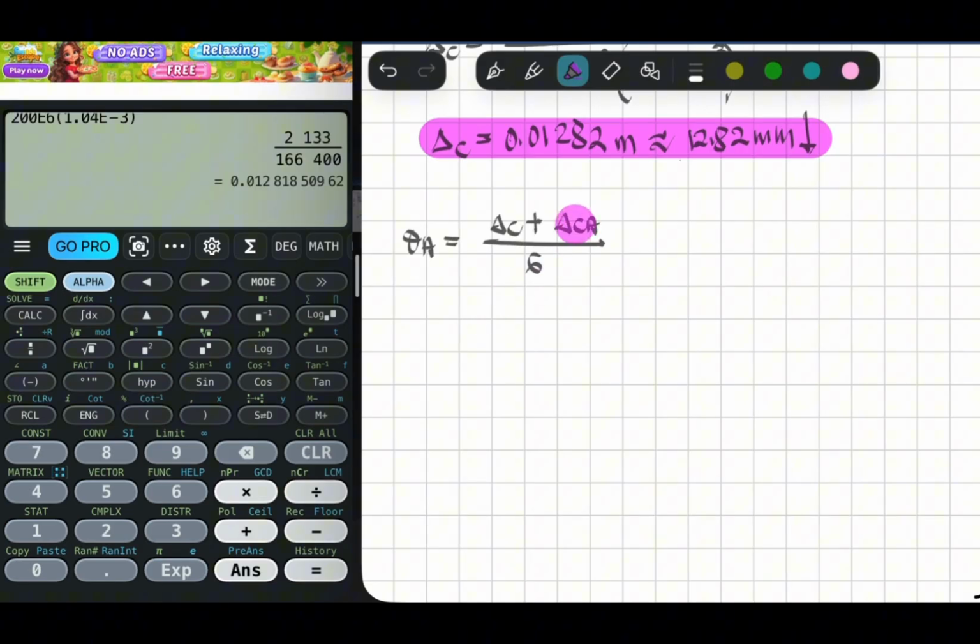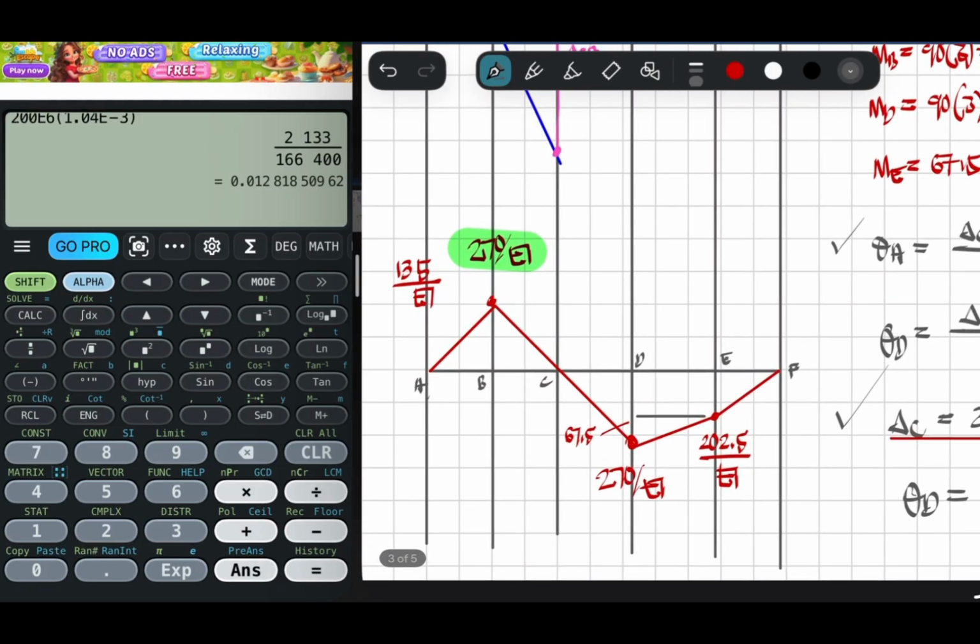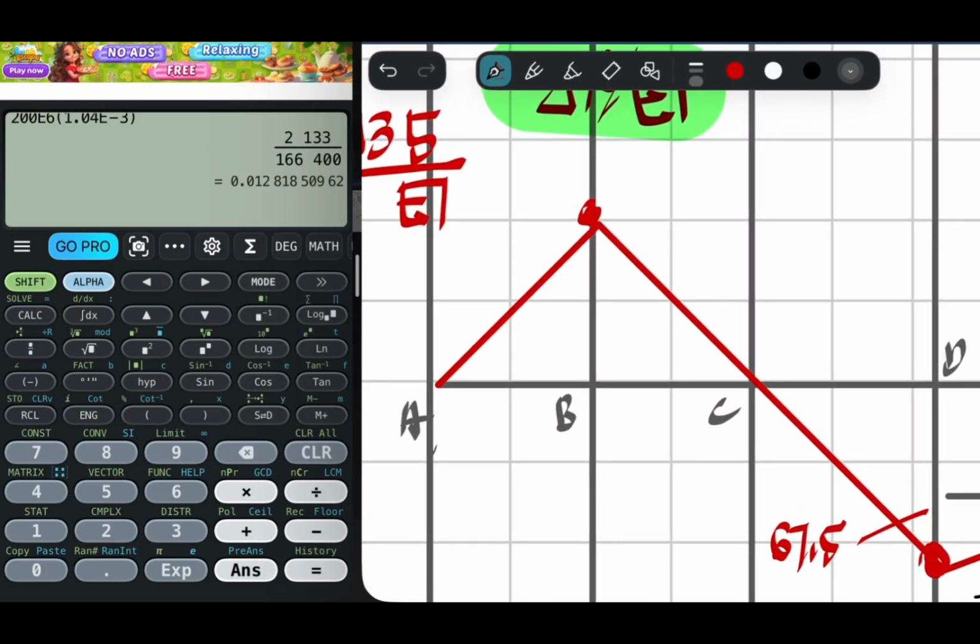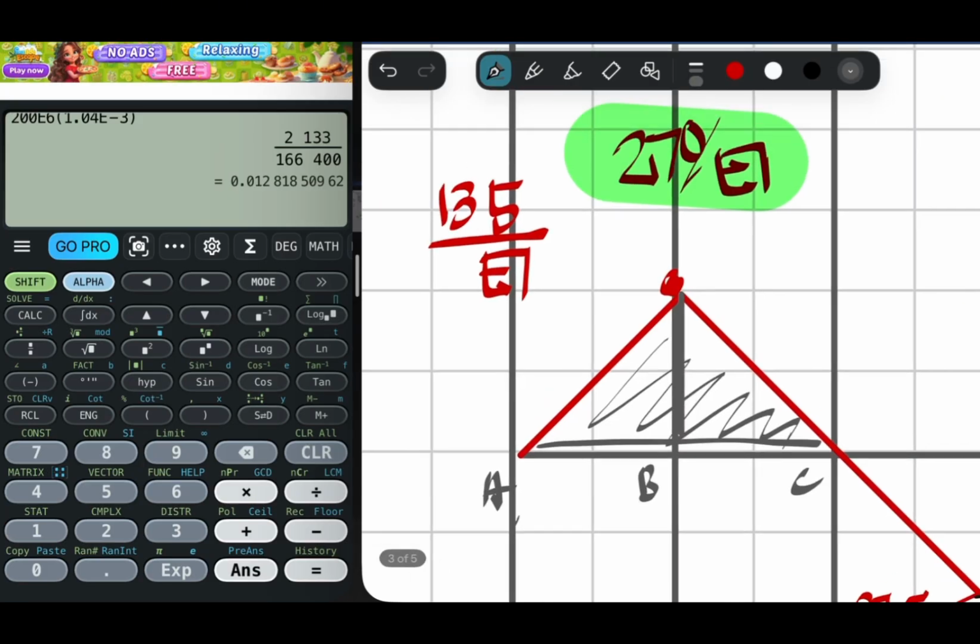So we need delta CA, the deflection of C relative to the tangent line at A: x bar M over EI dx from A to C. From the figure, A to C is this triangle. So 1/2, base is 6, height is 135 over EI.